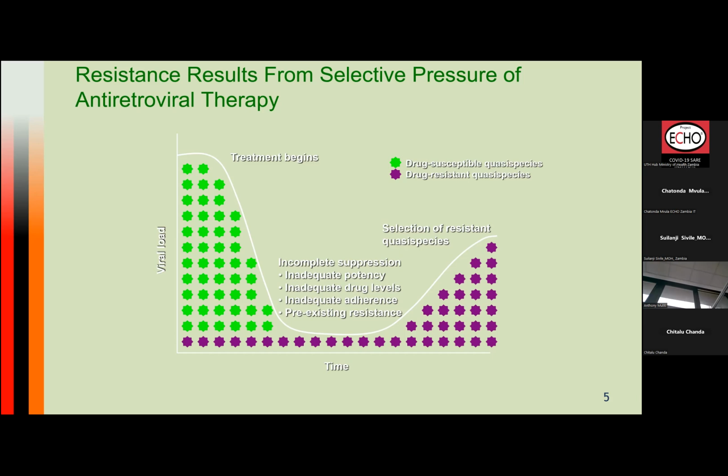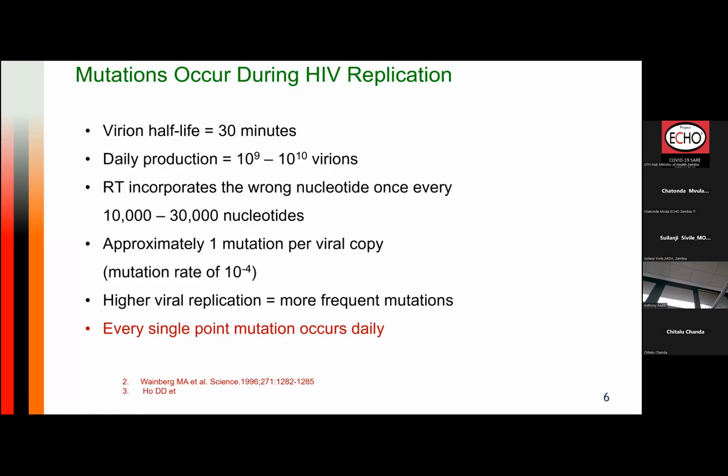And this is really the same case you find in TB and most of those drugs, where you would want to use combination therapy. So this is really why there are those subspecies that are inherently resistant, and why they do develop, because the half-life of viral replication is very fast.